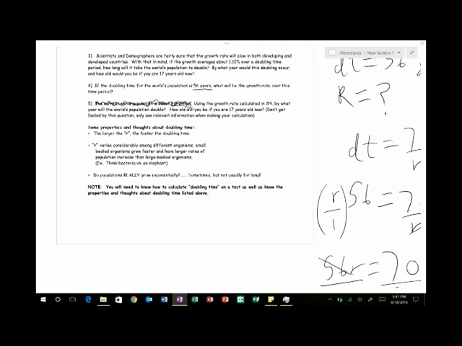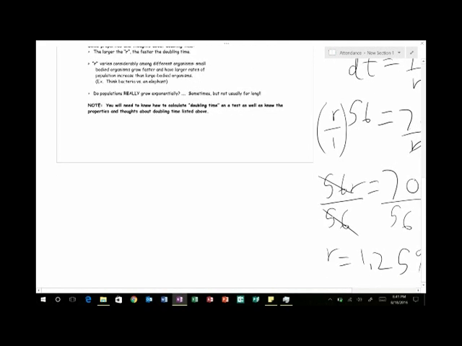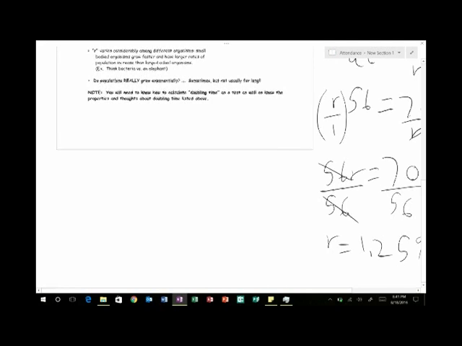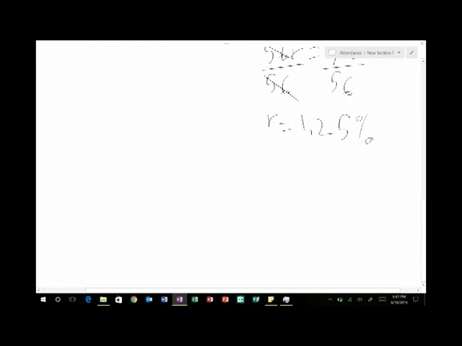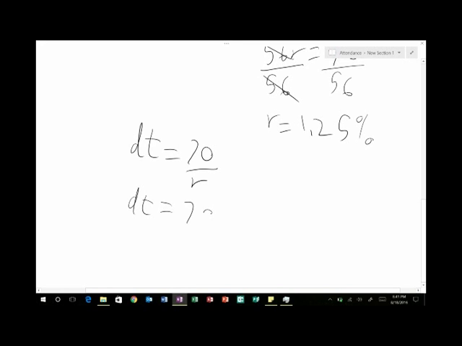So that's pretty simple. We have our growth rate from number 4, which is 1.25, and we want to know how long for the world to double. So we just do DT equals 70 divided by r. And all we're going to do is just plug and chug. So 70 divided by 1.25.